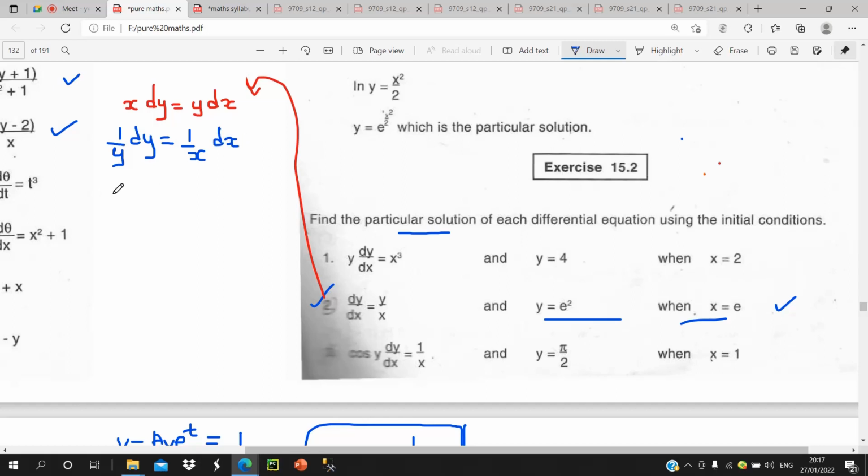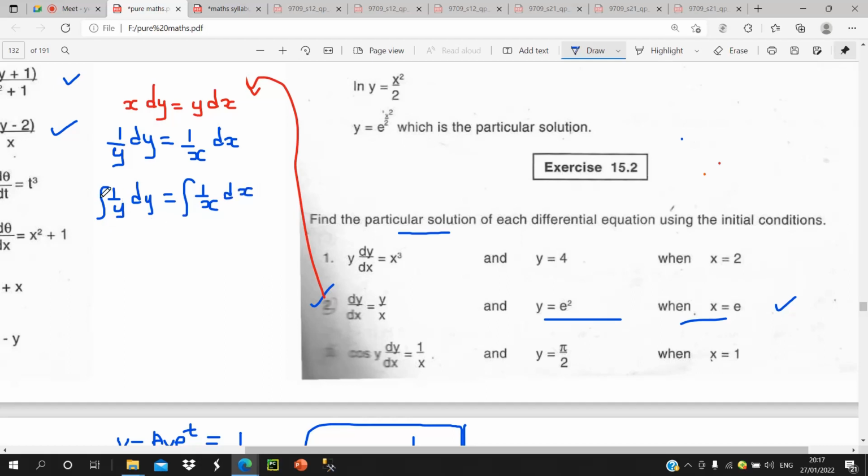Then after that we are going to what? To integrate. Integral of 1 over y dy is equal to integral of 1 over x dx. Do you agree?